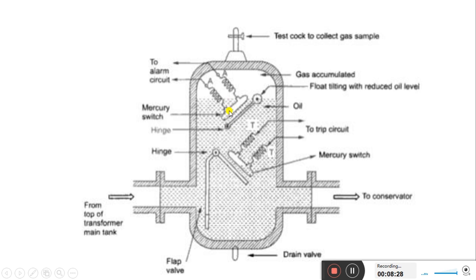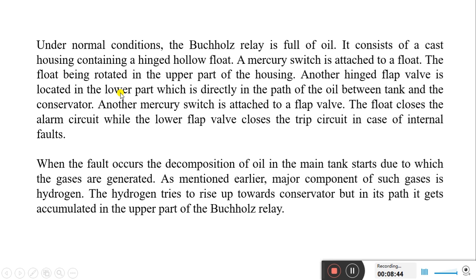So once the oil level decreases, what will happen? The float valve gets tilted, closing the contacts, so that the mercury switch gets closed, and it gives the signal to the alarm side.